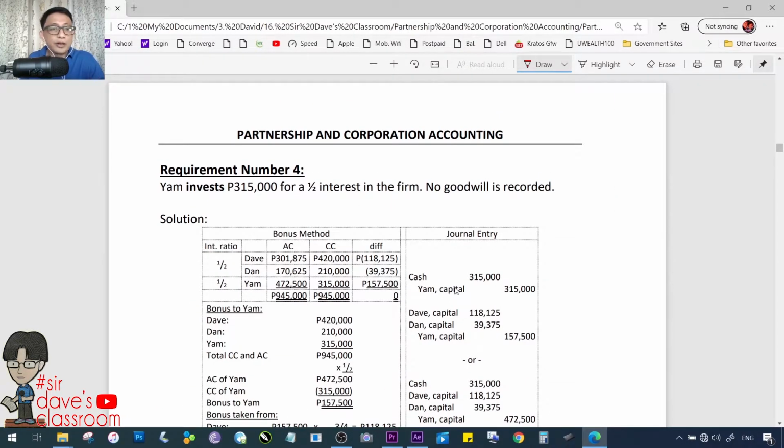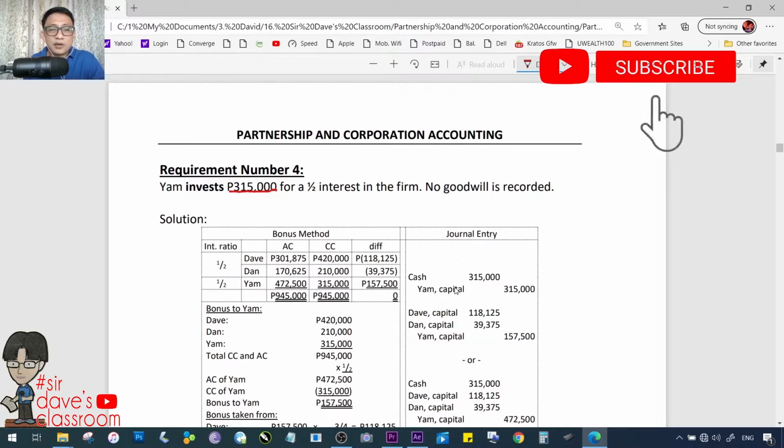Requirement number 4. Yam invest 315,000. Binanggit na this time kung magkano yung investment ni incoming partner, not unlike in requirement number 3. For a 1/2 naman interest in the firm, no goodwill is to be recorded. Okay?